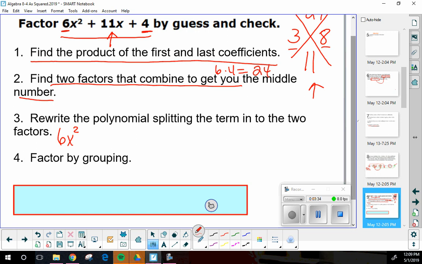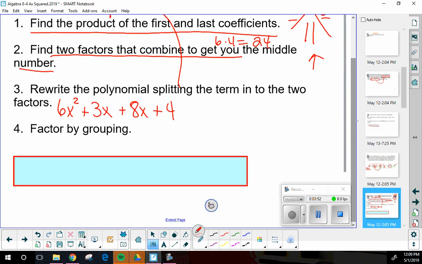So it'll be 6x squared plus 3x. And then the other side is the 8, so it's going to be plus 8x. And then finish it off by bringing that back end down. 6x squared plus 3x plus 8x plus 4. That is what we're going to do now.